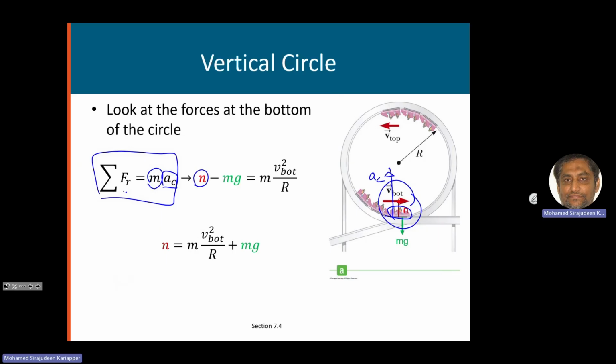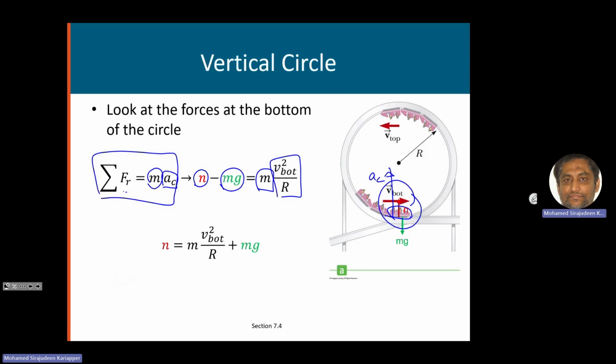So the normal force is also positive, it's upward, and the gravitational force is downward. So minus mg equals mass multiplied by the expression for the centripetal acceleration, the speed of the roller coaster vehicle at the bottom squared, divided by the radius of the circle that the roller coaster structure has.